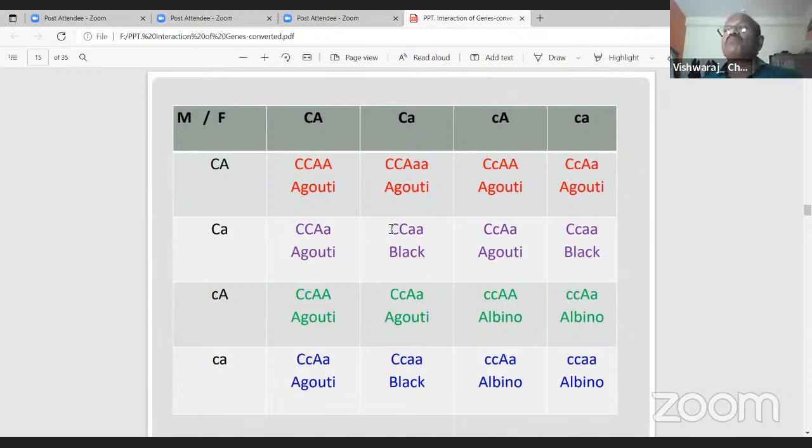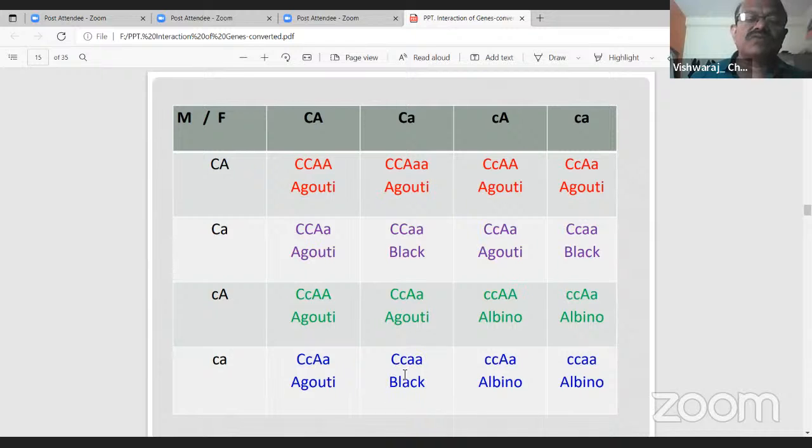When both C and A are dominant, agouti color shows. Only C dominant gives black, and small c with A gives albino. Here small c, capital A is albino. Capital C, capital A is agouti.